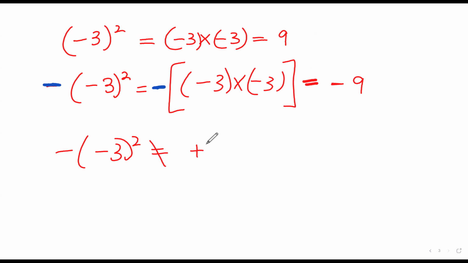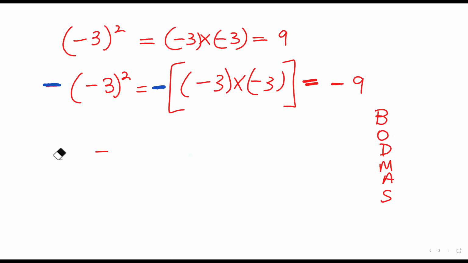Okay, that's incorrect because you cannot do the multiplication on the outside here, meaning that you cannot multiply the negative by the negative before you work out what's in the brackets. Because by our order of operations, BODMAS or PEMDAS, however you know it, brackets come first. So if you have a minus on the outside, you have to apply that minus sign after you work out what is inside of the brackets, okay? So please be careful with that.